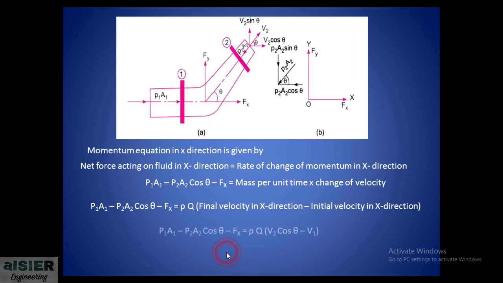So our equation is modified to P1 A1 minus P2 A2 cos theta minus Fx equals rho Q into (V2 cos theta minus V1). If we want the force along the x direction, Fx equals rho Q (V1 minus V2 cos theta) plus P1 A1 minus P2 A2 cos theta.